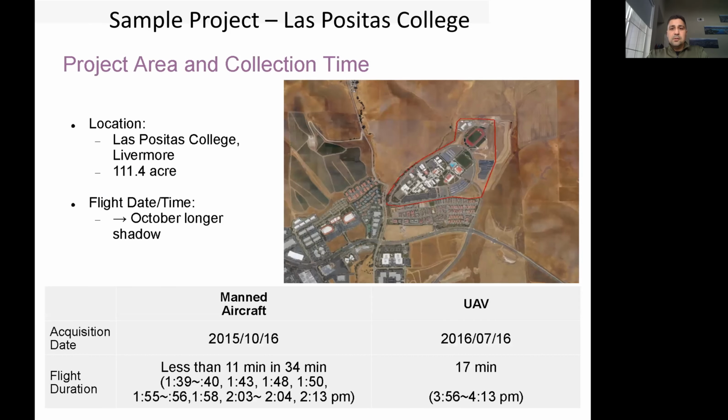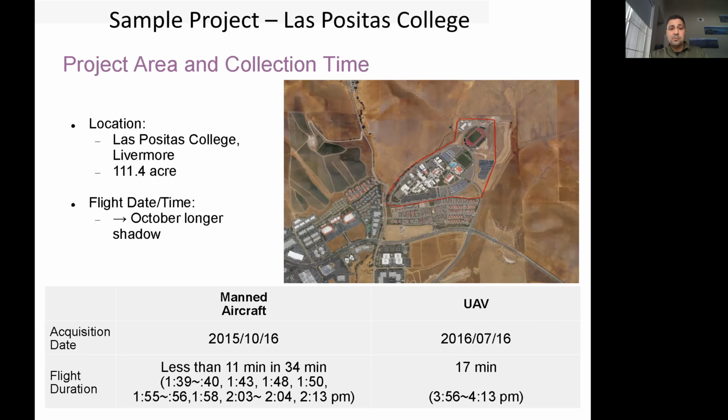All right, let's look at an example that I have of manned aircraft versus drones. Because I know this is drone class, but again, this whole topic is photogrammetry, which ultimately doesn't actually matter what acquisition platform we use.